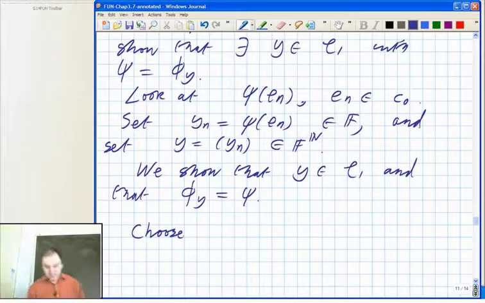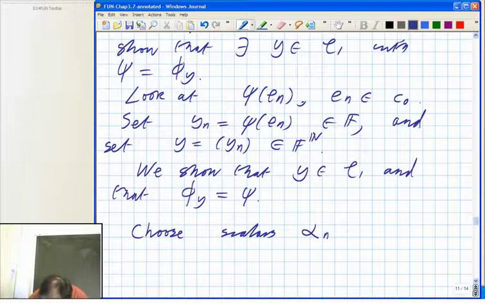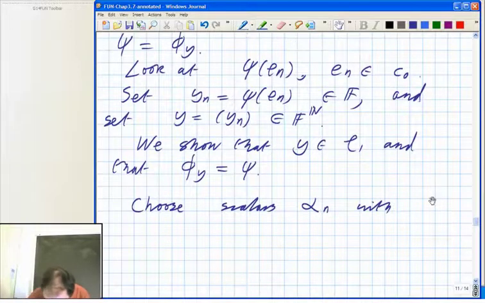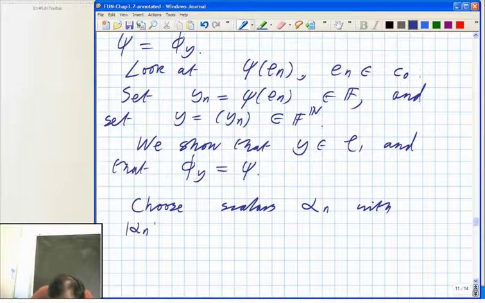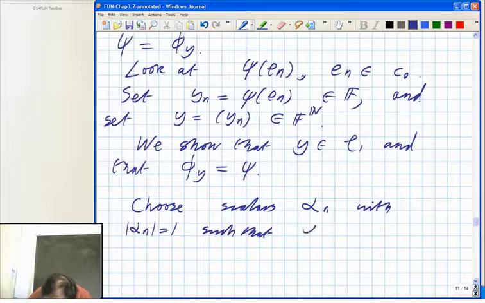Choose some scalars alpha n with mod alpha n equals 1, such that alpha n Yn equals mod Yn, just as before.